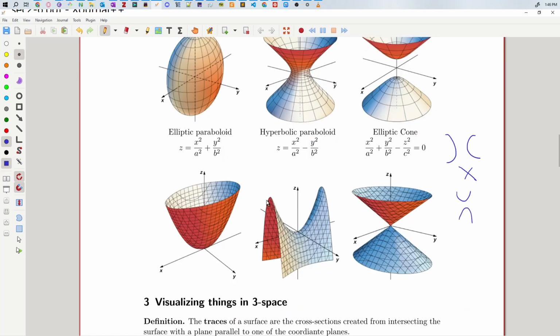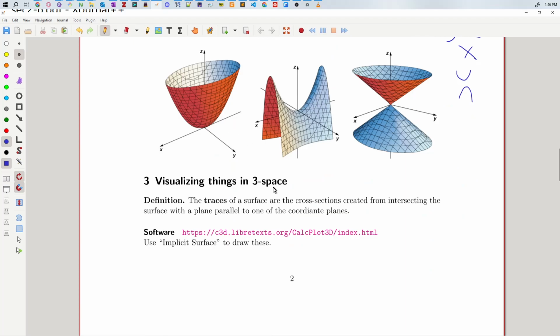Another thing to mention, just a useful thing for you to know about, is that there's software that you can use to graph these kinds of things in three-dimensional space. The one that I can probably recommend is this. If you download the file, you can click on the link. I think Canvas doesn't allow you to immediately click on this link, but in the PDF it is hyperlinked.